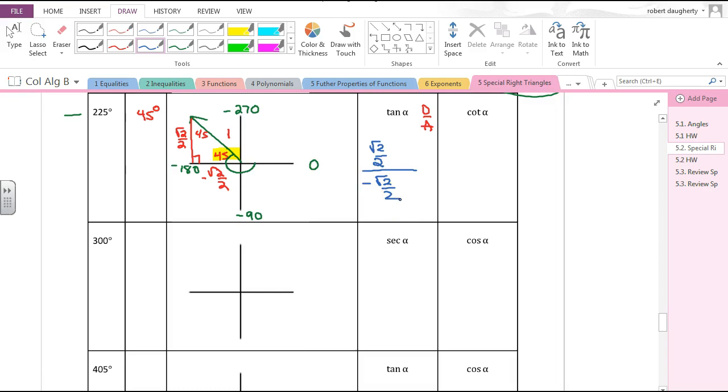Does anybody know what that is? What's a number divided by itself? 1. What happens if you have that same scenario and you got a negative sign? What do you get? Negative 1. That's negative 1, okay? Now, the next one's pretty easy. What's the definition of cotangent? Adjacent over opposite. So what's the value of the adjacent side?